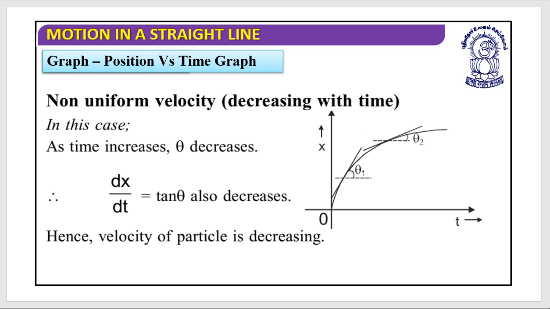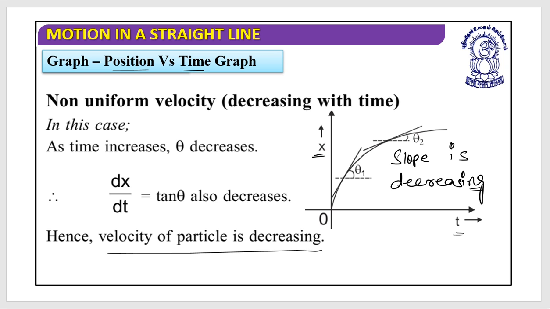Yes. Next, it's a position versus time graph. Again the same graph, position versus time, but the situation looks like this. Now tell me what the slope is showing. Yes, this is showing that the slope is decreasing, and when the slope is decreasing, that means the velocity of the particle is decreasing, because tan theta is decreasing.